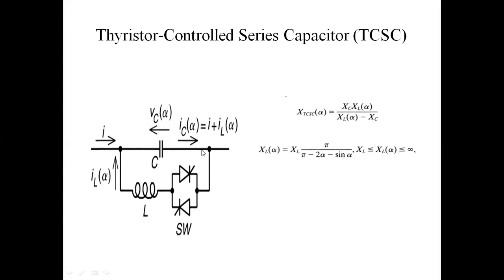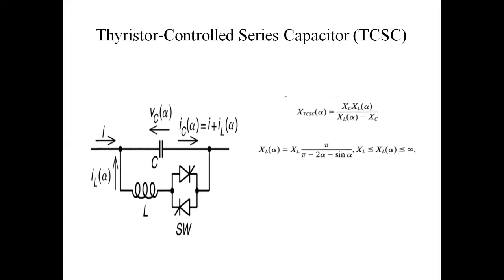Like two resistors in parallel, R1 times R2 by R1 plus R2, similarly here X_TCSC of alpha equals this. Here X_C is the reactance of the capacitor, and X_L of alpha is the reactance of the inductor.